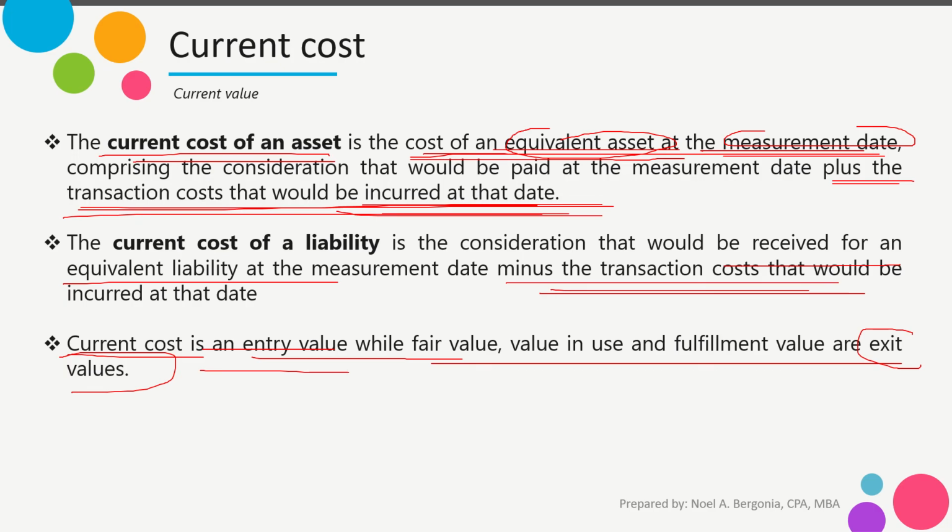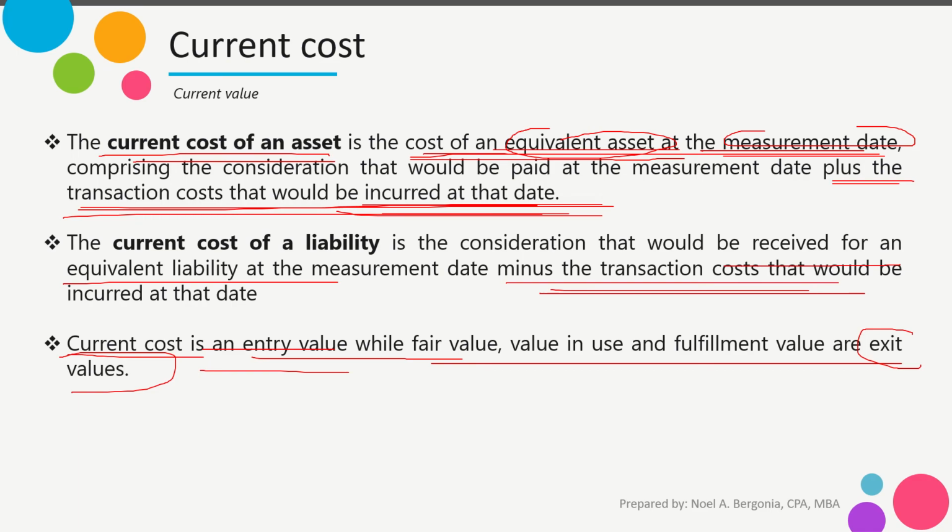Okay, samantalang kapag current value, okay, current value is updating the value, no, has the updated information, okay, which considers number one, either fair value, okay, which the amount that you are going to expect, no, if you dispose that asset or if you sell that asset, okay, and it does not consider any transaction cost at all.